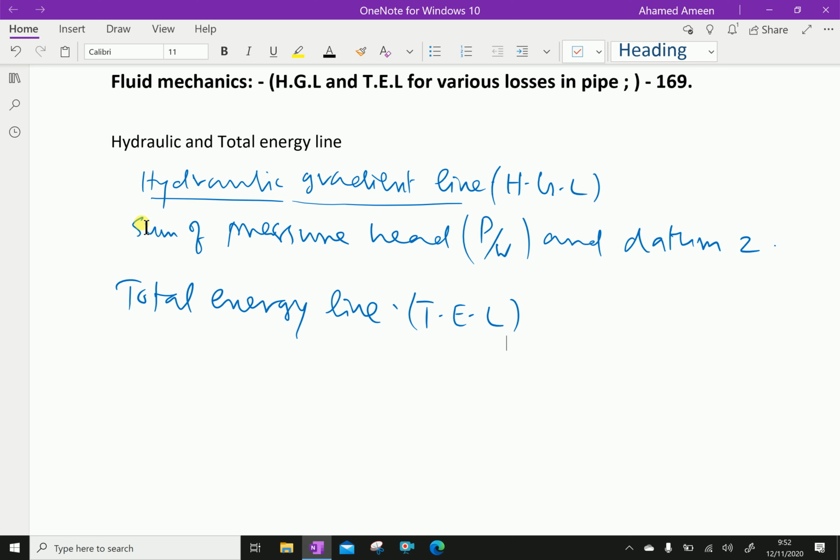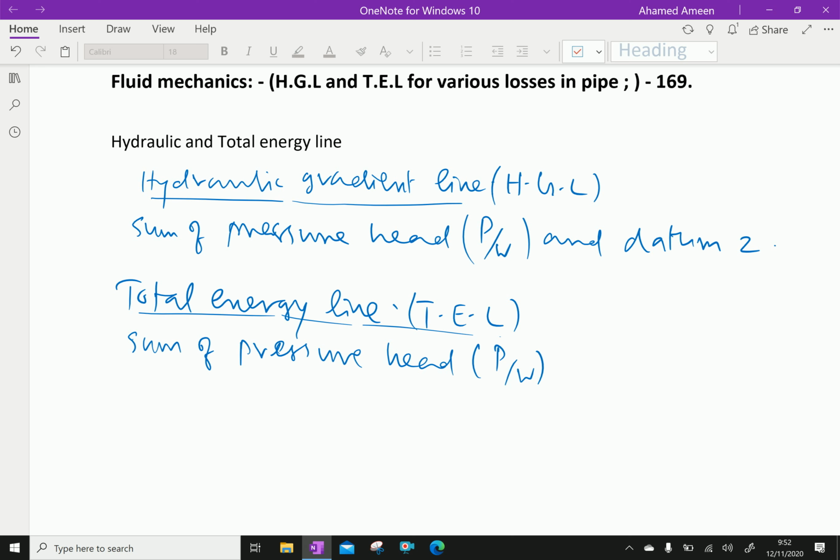Now, the total energy line is the sum of pressure head, that is P over W, datum head Z and kinetic head V squared by 2g.